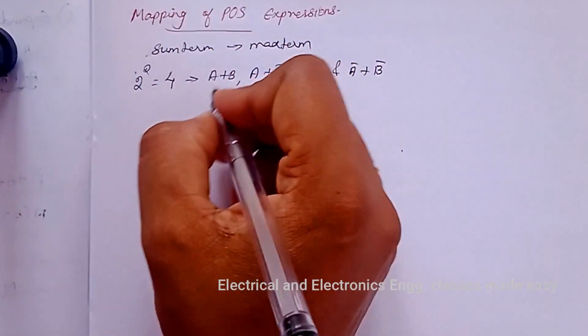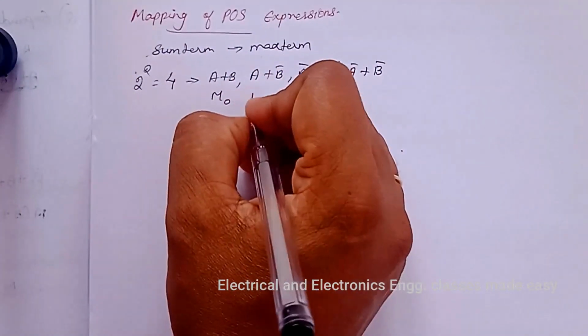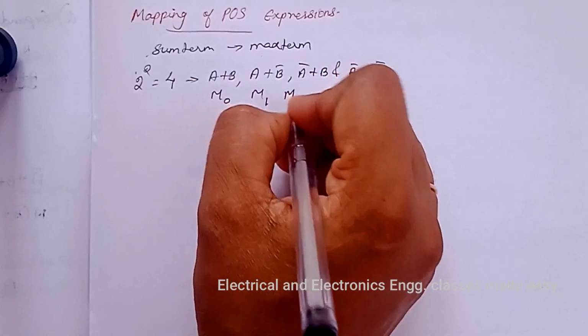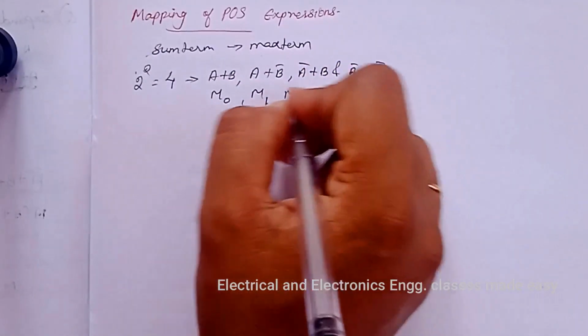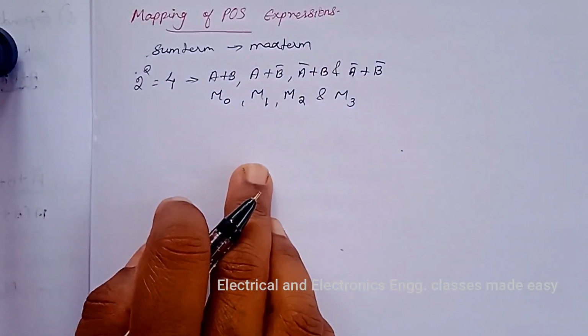They are represented as M0, M1, M2, and M3 respectively.